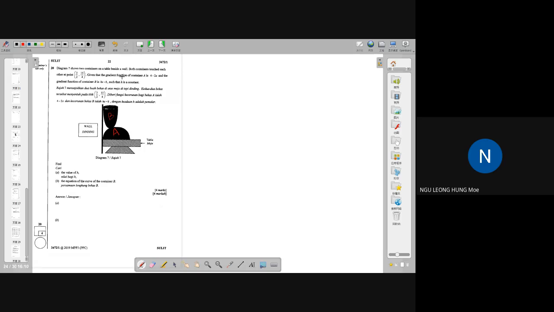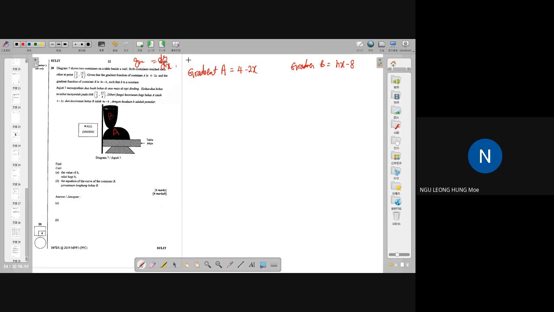Given that the gradient of the function for container A is equal to 4 minus 2x, then the gradient of container B is hx minus 8. Okay. Gradient means dy/dx.